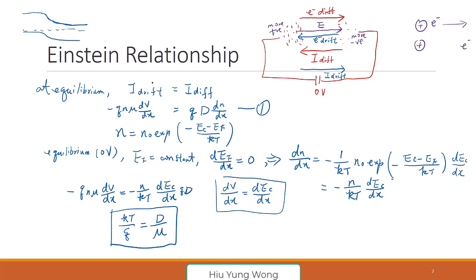Here, actually, I made a mistake again, even in my cheat sheet. At equilibrium, should the drift current equal the diffusion current, or the drift current equal the negative of the diffusion current?